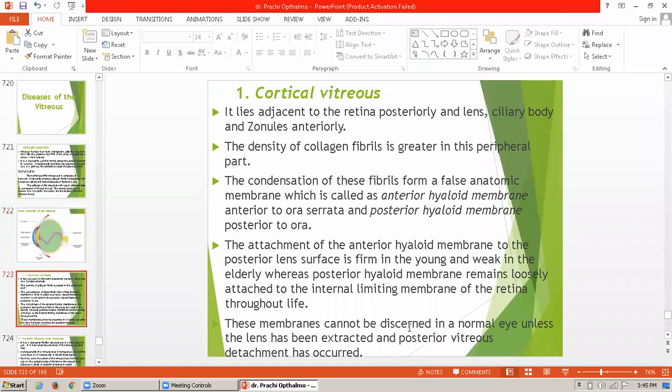When we study the cortical vitreous, these membranes, the posterior and anterior hyaloid membranes, cannot be discerned in normal eyes unless the lens has been extracted and posterior vitreous detachment has occurred.